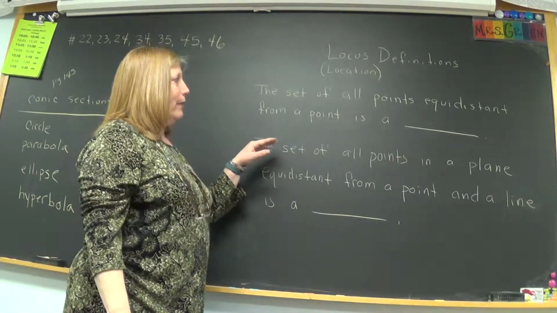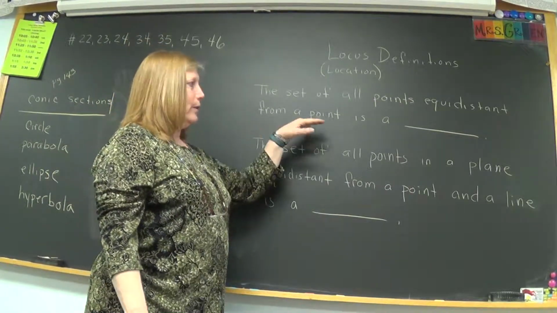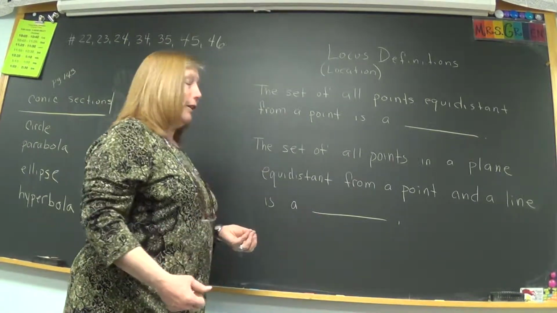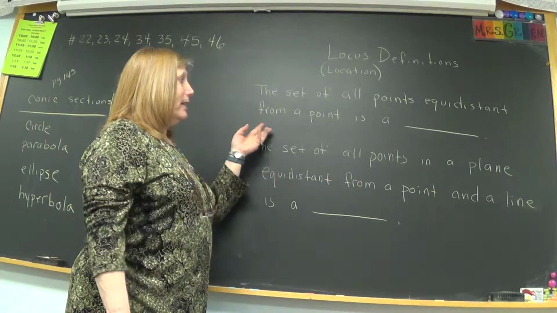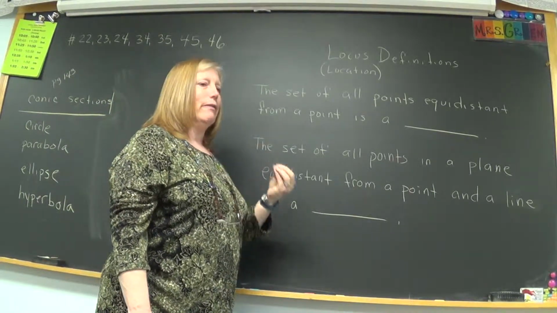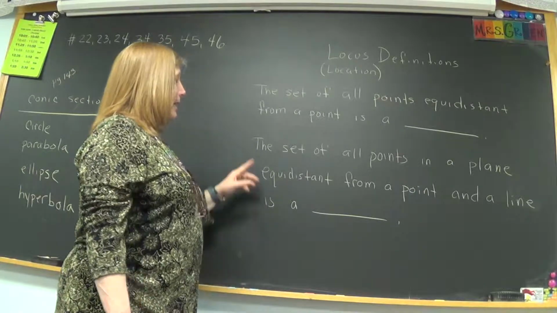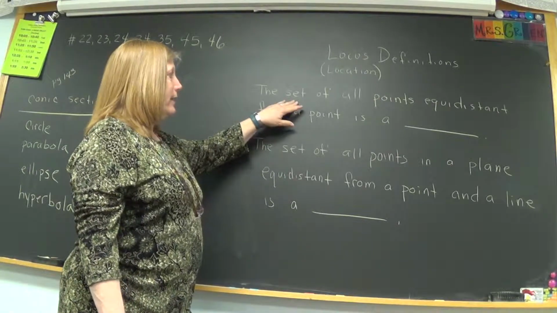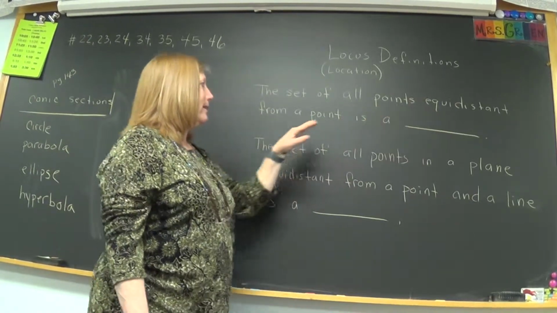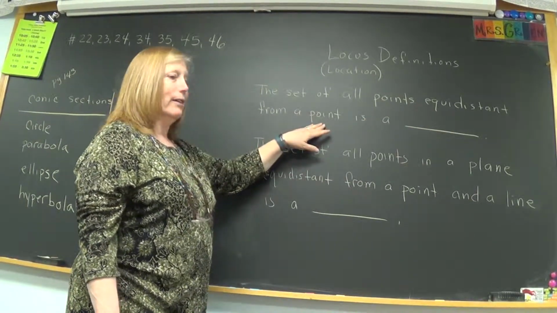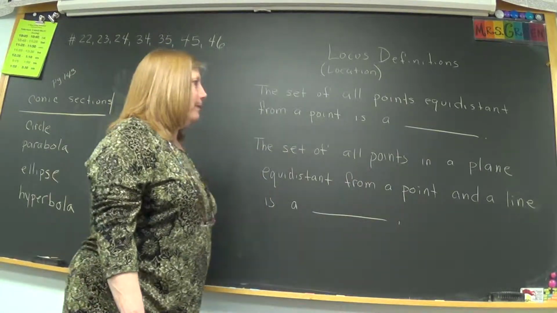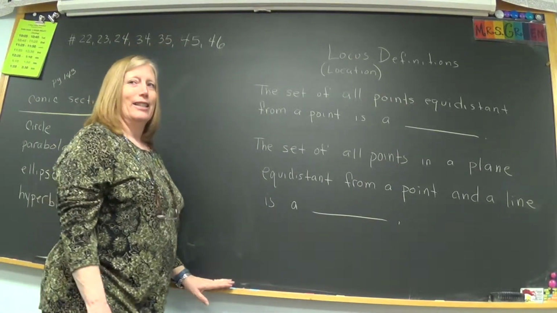The first one is a common figure that we've already studied, and I'd like for you to look at it with the locus definition to see if you can even recognize it. I want you to think of the set of all points that are equidistant, that means the same distance, from one point. So any ideas what goes in there?